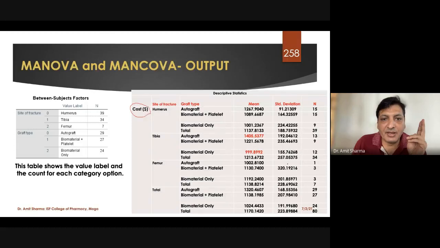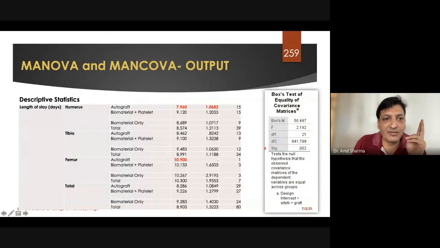This is the table of descriptive statistics for the cost, and the second table we are going to get for the length of stay. Clear? And this is the mean and this is the standard deviation.